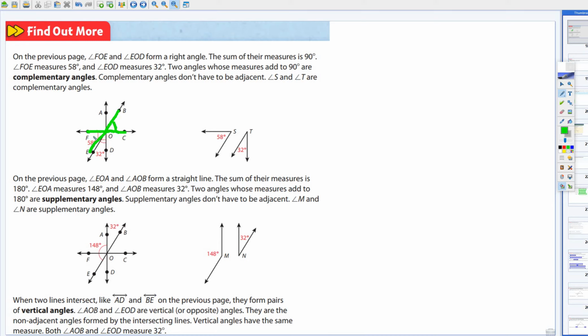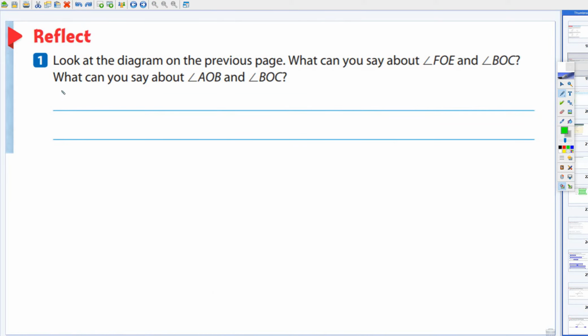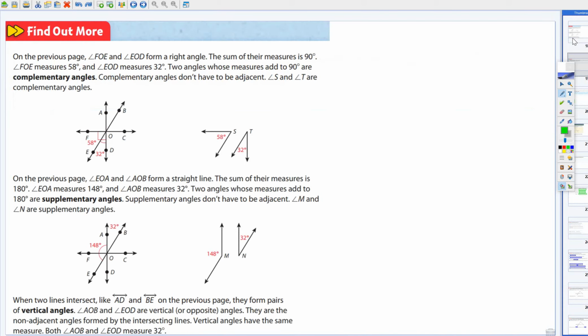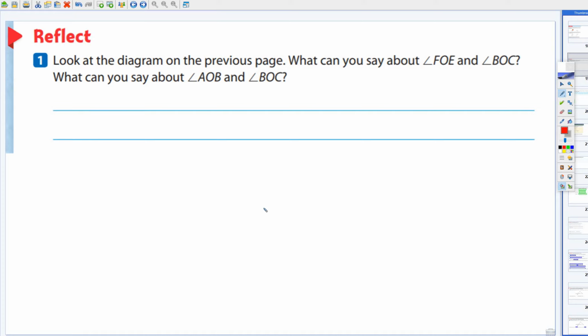What can you say about these two angles? The second part of this question: what can you say about angle AOB and angle BOC? AOB and, in a different color, BOC. What can you say about these two angles? Pause this video. Solve it. When you're done solving it, unpause the video, check your work, and see if your answers match.